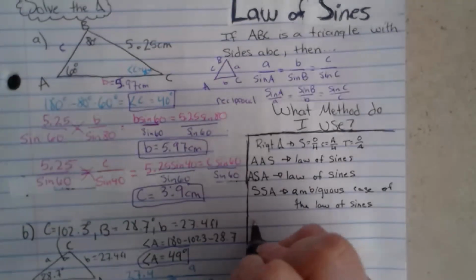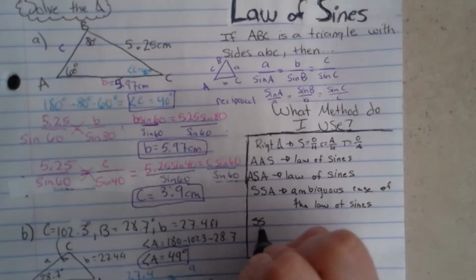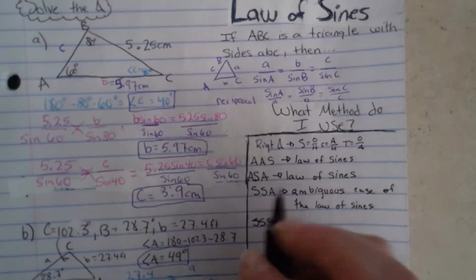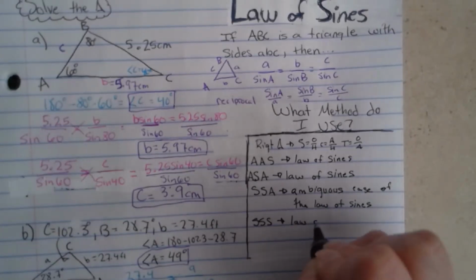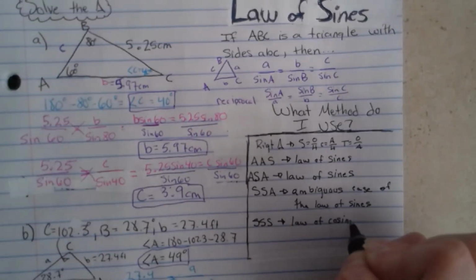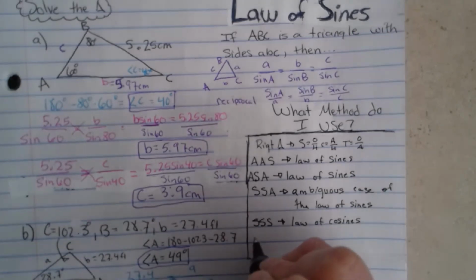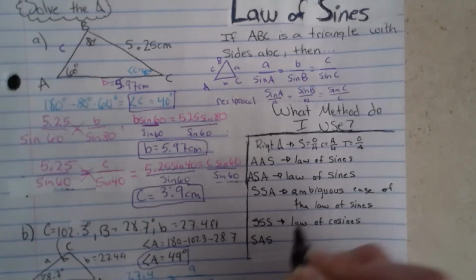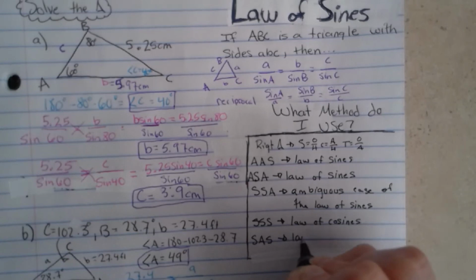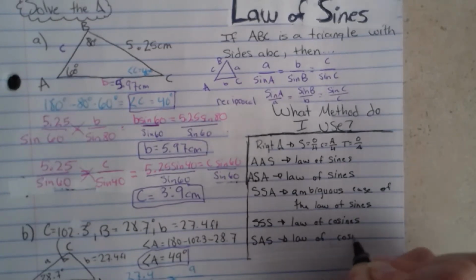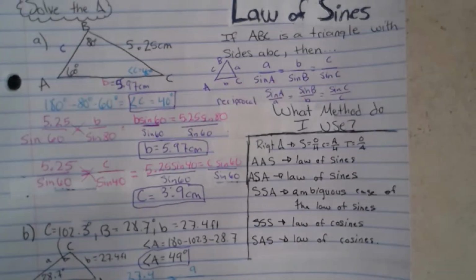If we were given three sides, so a triangle with three sides, again not a right triangle, we would use the law of cosines. And if we were given a side, angle, side, we'd also use the law of cosines. Okay, so we've got one more example for the law of sines.